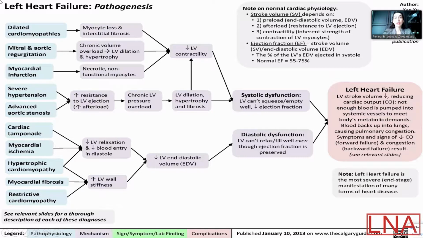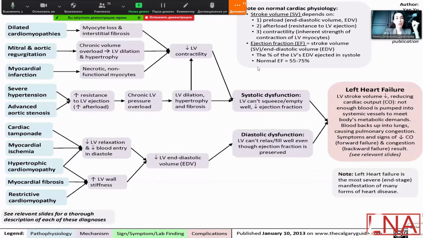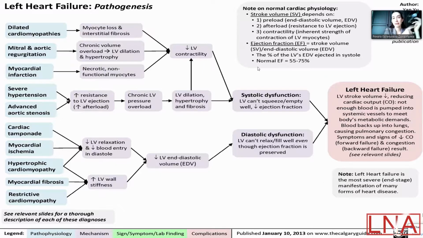So, returning to the pathophysiology, or pathogenesis, of left heart failure. Which mechanisms are involved? Dilated cardiomyopathy can be a reason, mitral or aortic regurgitation, myocardial infarction, severe hypertension, aortic stenosis, cardiac tamponade, myocardial ischemia, hypertrophic cardiomyopathy, myocardial fibrosis, restrictive cardiomyopathy.